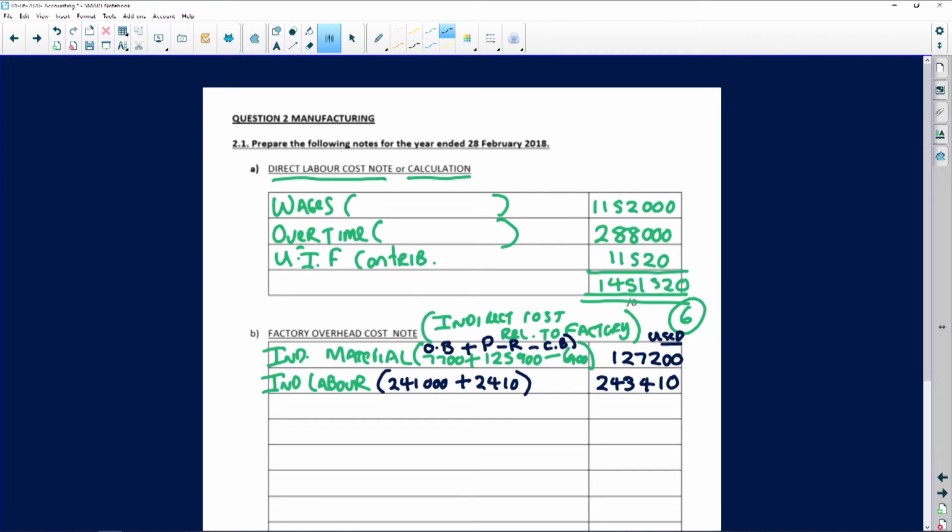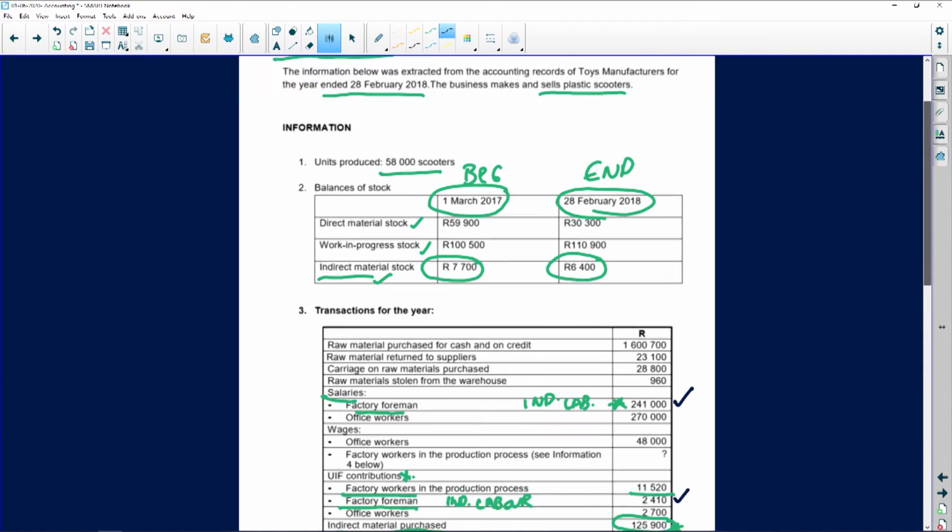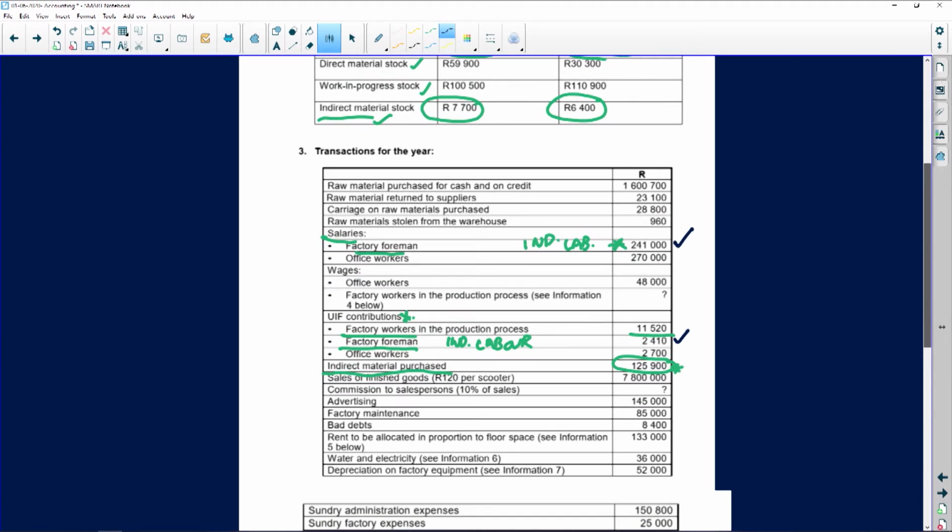Right, let's move on and let's look at other expenses relating to the factory. Okay, so back to our information. We've obviously dealt with indirect material, we've dealt with indirect labor, and let's now scroll through the rest. Sales, obviously not an expense. Commission to the salesperson.